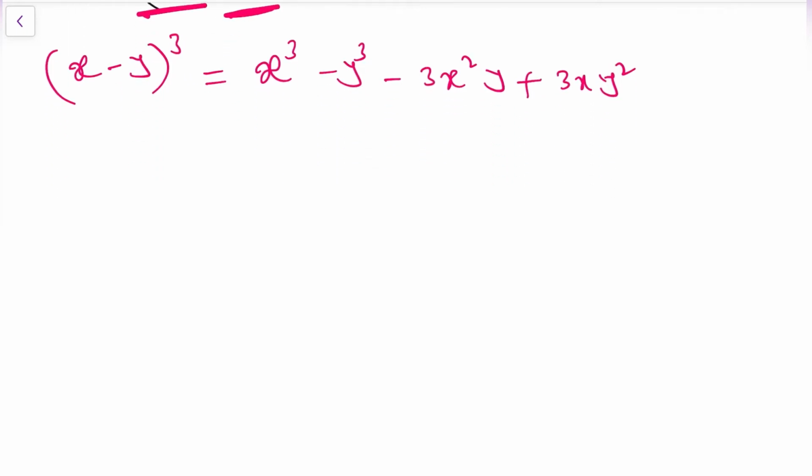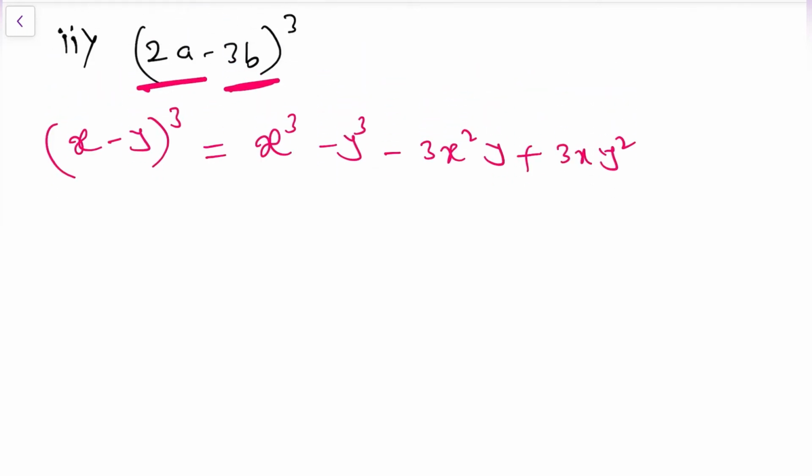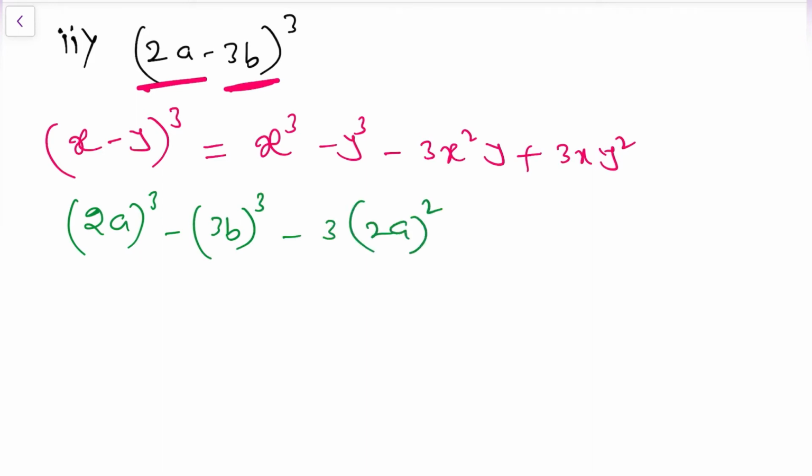Let us substitute now. So x cube is there, (2a) whole cube, minus y cube, (3b) whole cube, minus 3 into x square, that is (2a) whole square, into y, 3b, plus 3 into x, 2a, into y square, (3b) whole square.